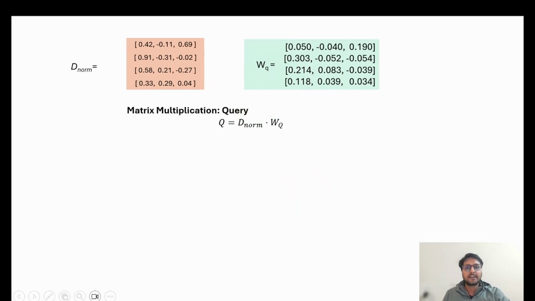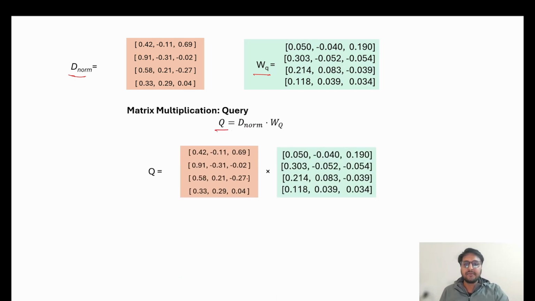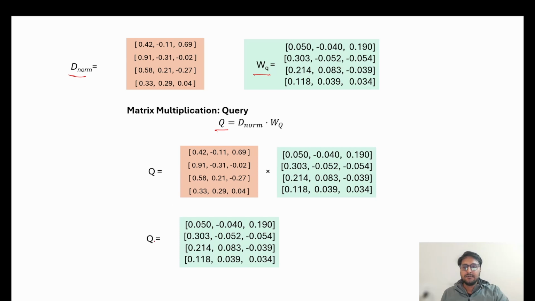Let's stack all the vectors vertically, and this becomes our denom, the decoder normalized value, and we multiply our weight matrix with this denom. Then we get our query matrix. So this is our query matrix. Now we need two more matrices, the key matrix and the value matrix, to compute the attention.